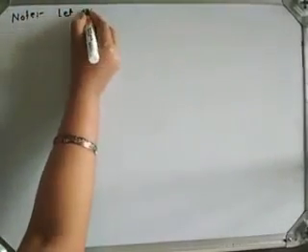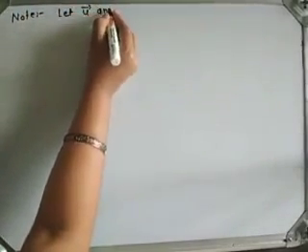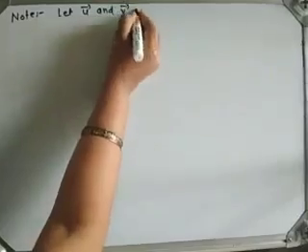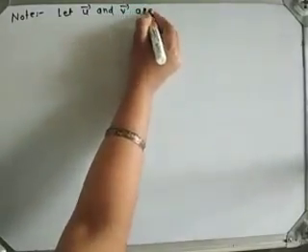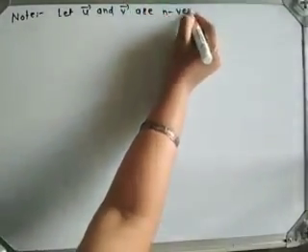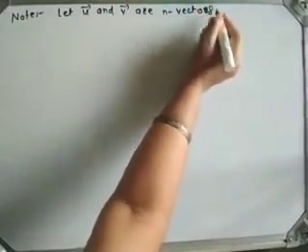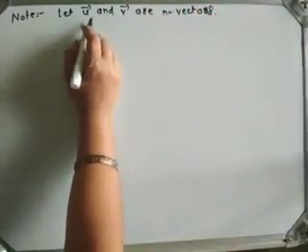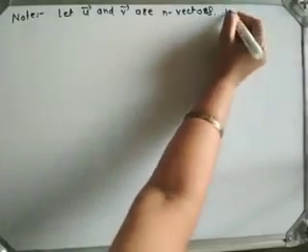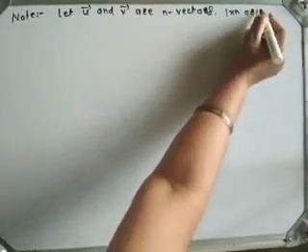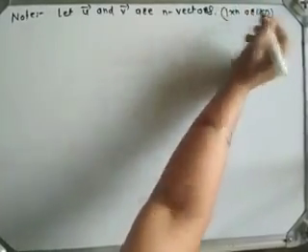Let us take note. Let u bar and v bar be n-vectors. That is, the size of u bar and v bar may be n by 1 or 1 by n.